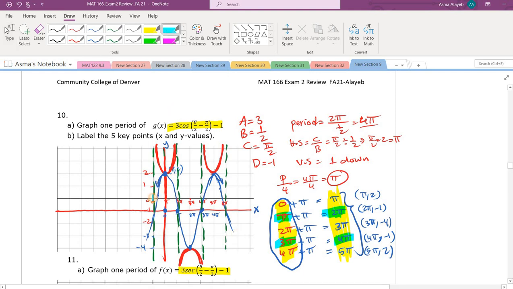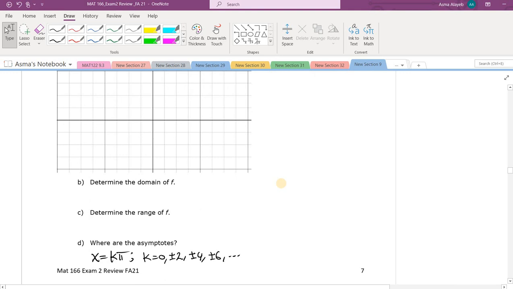So here at 0, which is the original one, we have an asymptote. At 2 pi, we have an asymptote. At 4 pi, we have an asymptote. At 6 pi, we have an asymptote. That means we're going to say the domain is all of the x's such that x is not equal to n pi, and n is equal to 0, positive and negative 2, positive and negative 4, positive and negative 6, and etc.